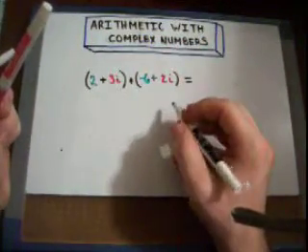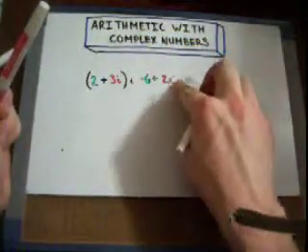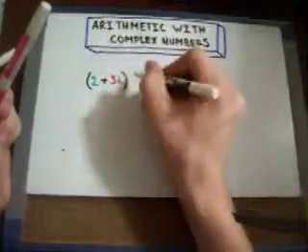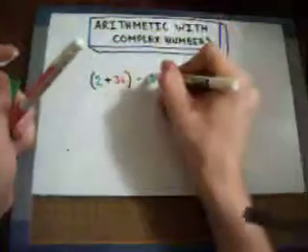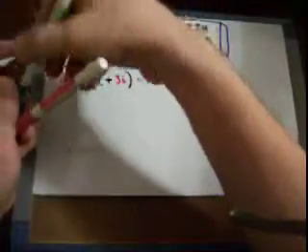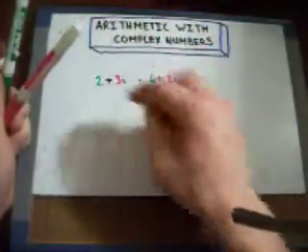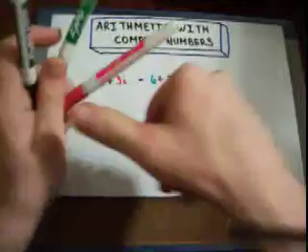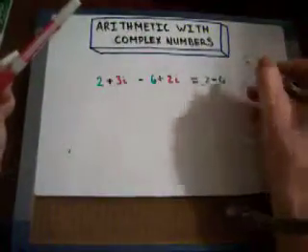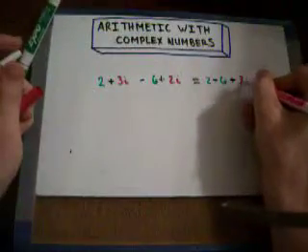So I can drop all the parentheses, and I can even drop that negative on the negative 6. Oh my god, I keep erasing part of my numbers. And you can collect like terms, so it would be 2 minus 6 plus 3i plus 2i.